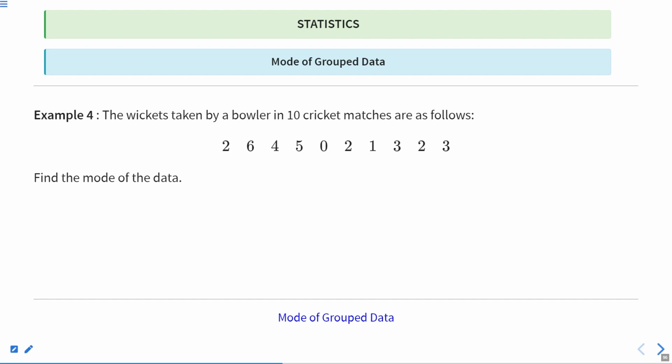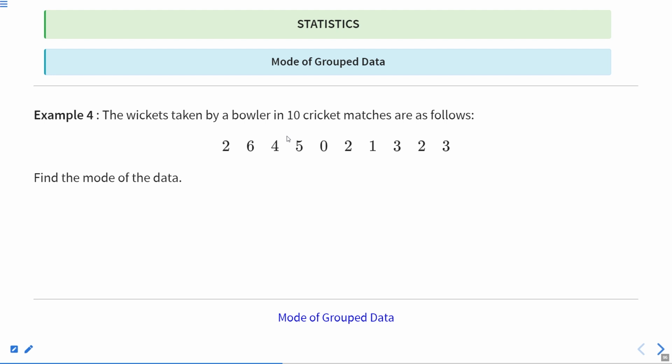Here we have the wickets taken by a bowler in 10 cricket matches, as follows: 2, 6, 4, 5, 0, 2, 1, 3, 2, 3. We have to find the mode of the data.